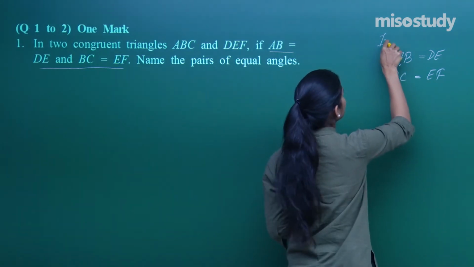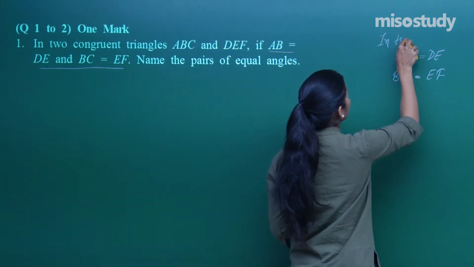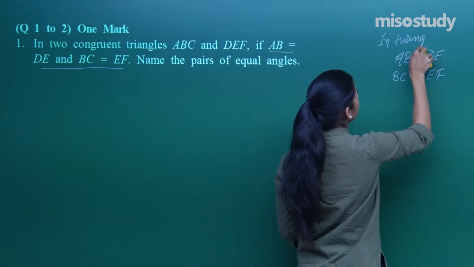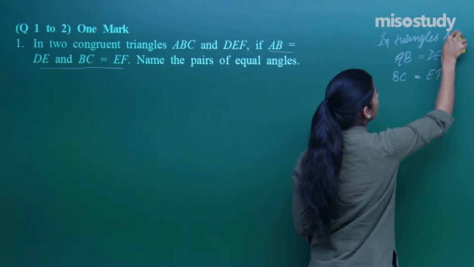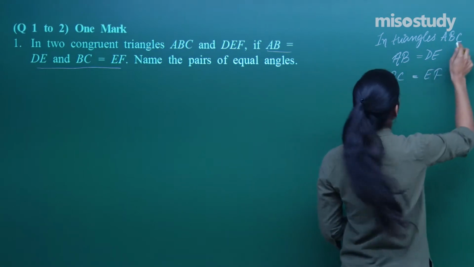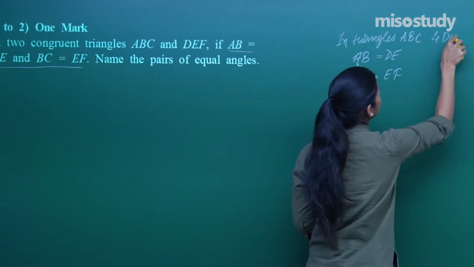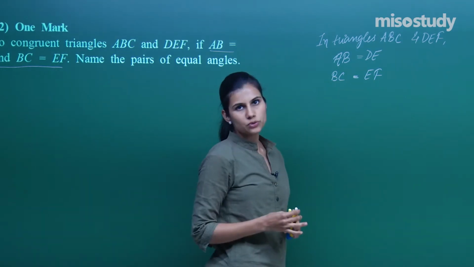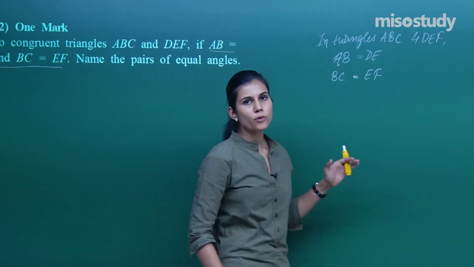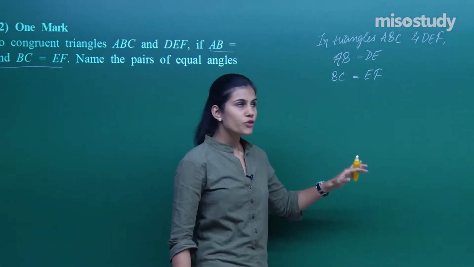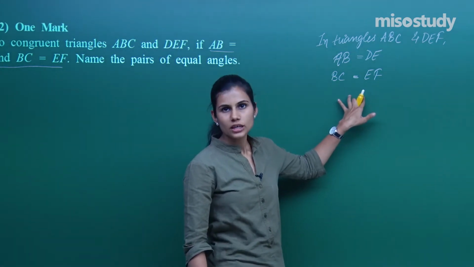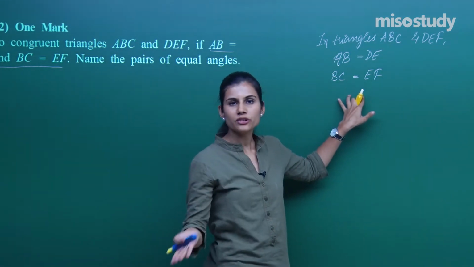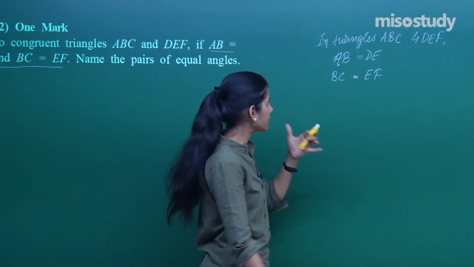So I can write, in triangles ABC and DEF, we have AB is equal to DE, BC is equal to EF. We have learned how to develop correspondence between vertices from the equalities which are given corresponding to the sides or angles of one triangle and sides or angles of the other triangle.